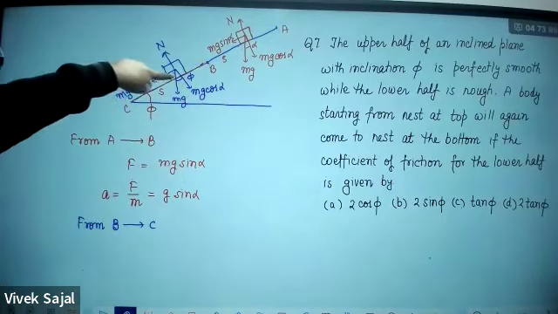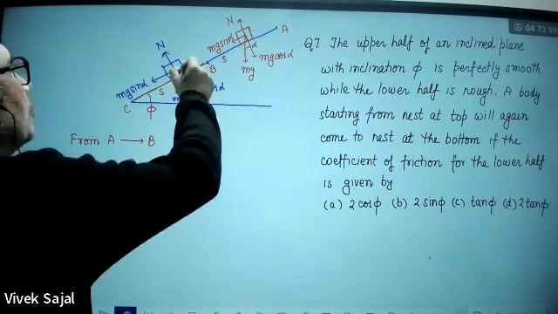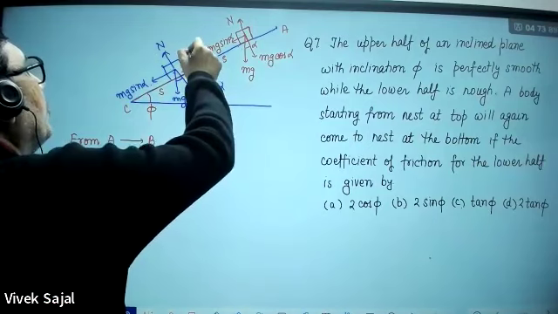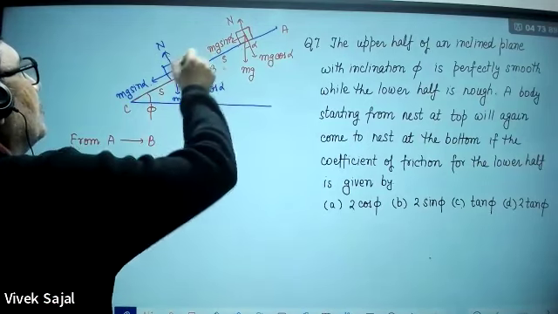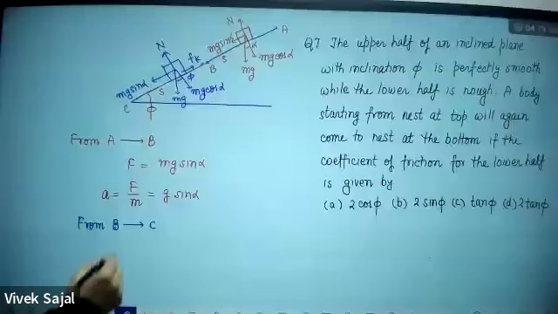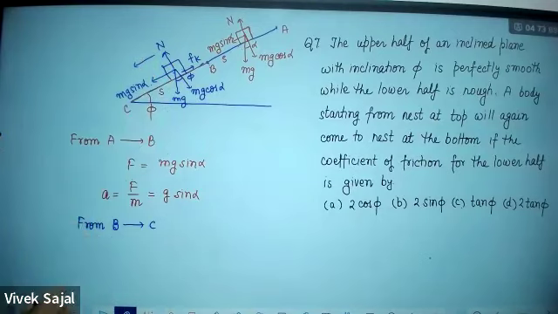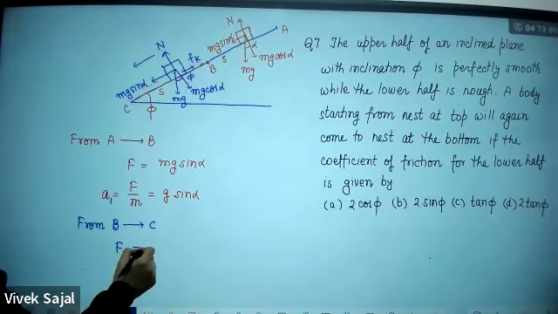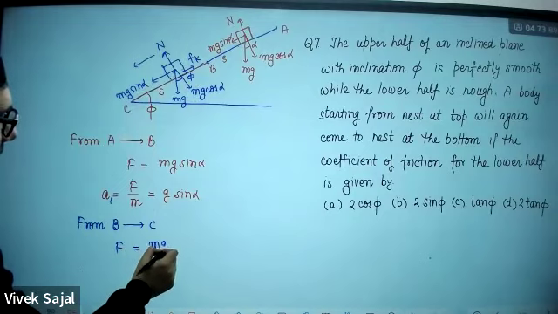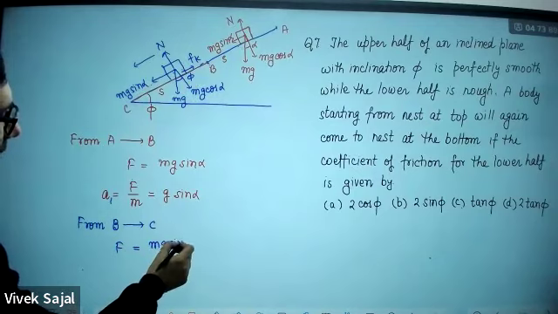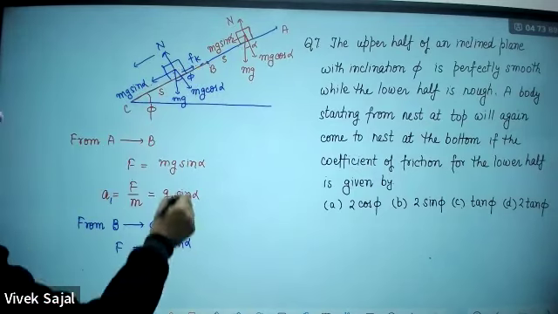But this is a rough inclined plane here. This part is rough. So automatically a kinetic friction force is going to act, because the block is moving. So what is the net force acting on this block? If it is moving in the downward direction, I'm writing the acceleration as A1. The net force responsible for its slide in the downward direction will be mg sin alpha minus Fk, the opposing force.